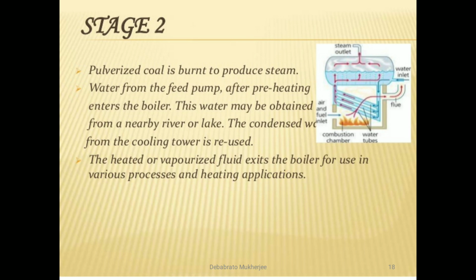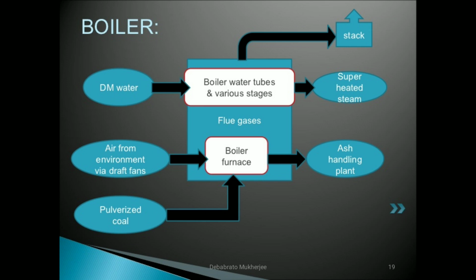Stage 2. This is the part where the pulverized coal is burnt. Water from the feed pump is preheated in the boiler. That pulverized coal is burnt in such a way that the combustion efficiency is increased. Pulverized coal increases the combustion efficiency. Boiler, DM water, that is demineralized water.